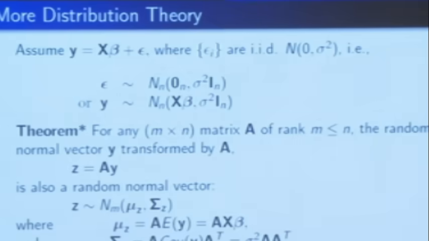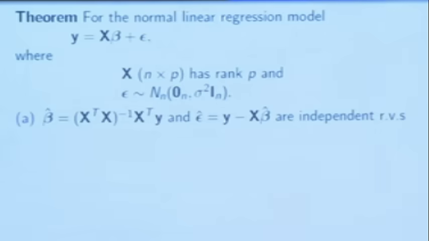Earlier we actually applied this theorem with A corresponding to the matrix that generates the least squares estimates. So with A equal to (X transpose X) inverse X transpose, we previously went through the solution for the distribution of beta hat. And with any other matrix A, we can go through the same analysis and get the distribution.